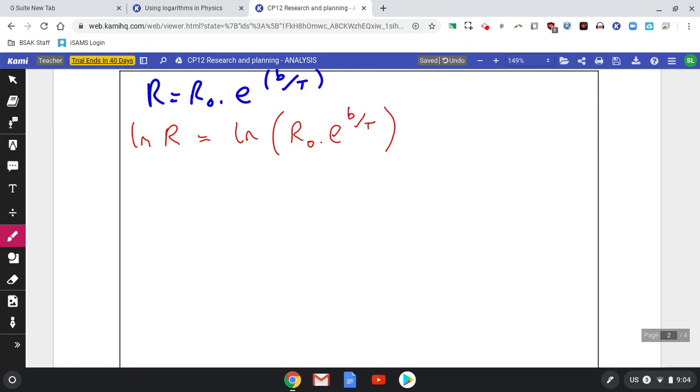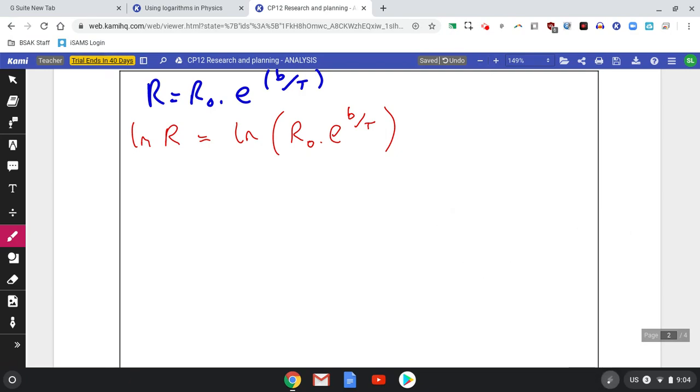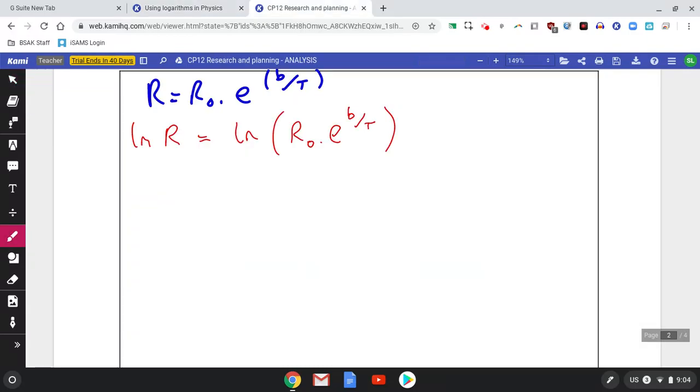Now, first thing, which rule are we going to use first? It would make sense to split up this and this, wouldn't it? So we're going to use the product rule. Don't forget the product rule is log xy equals log x plus log y. Let's try that one.